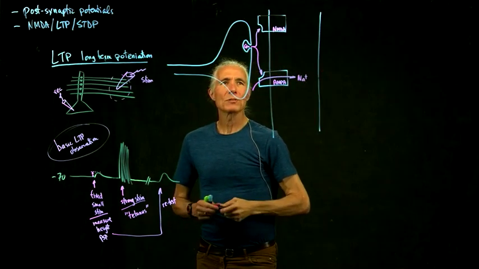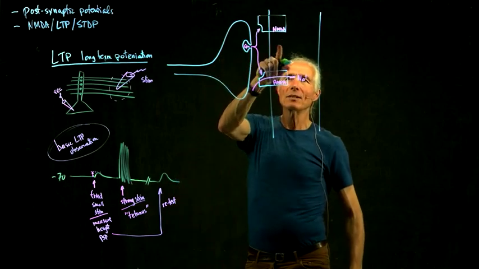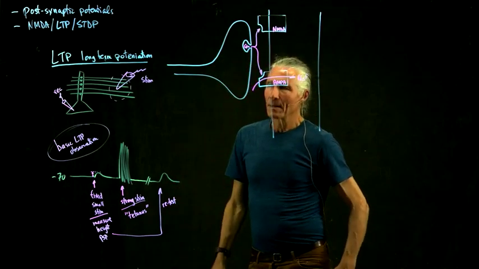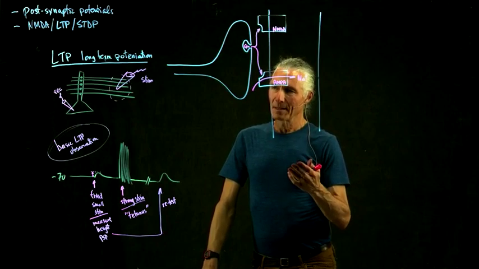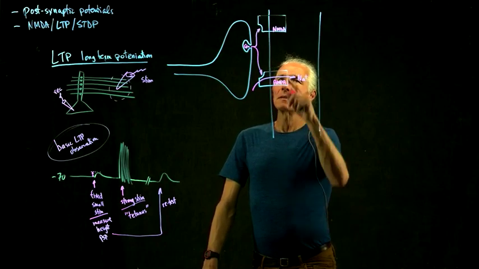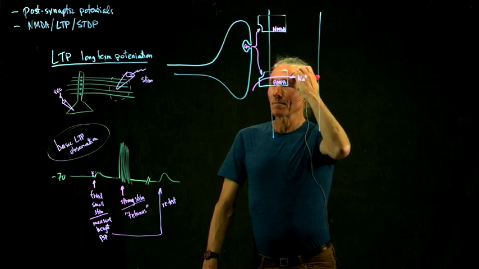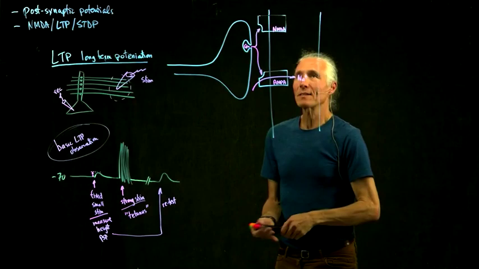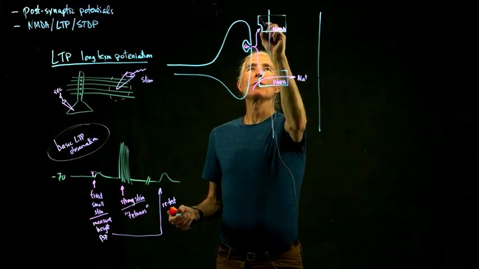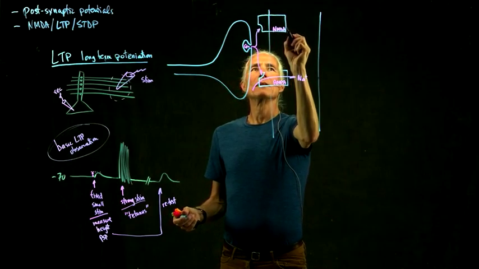When it goes to the NMDA channel, if the cell is at rest, the channel is going to be blocked. So if the cell is at rest, nothing will go through the NMDA channel.